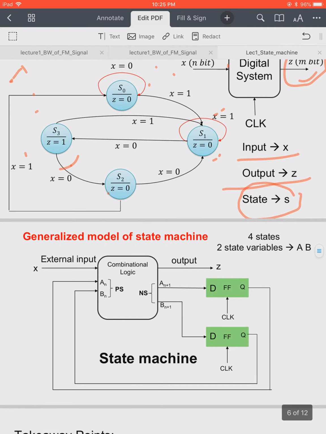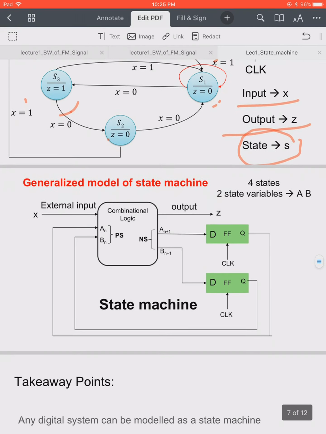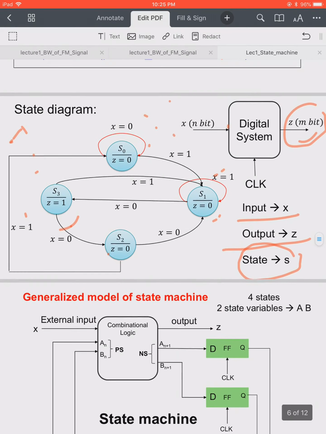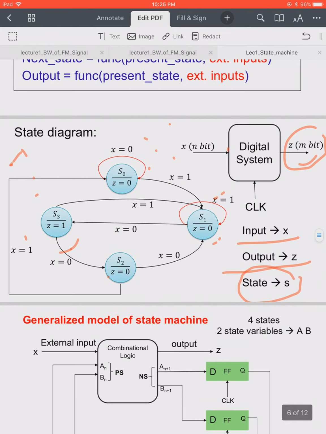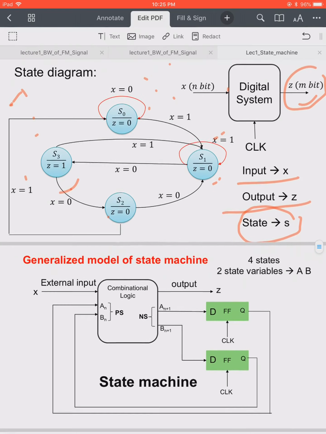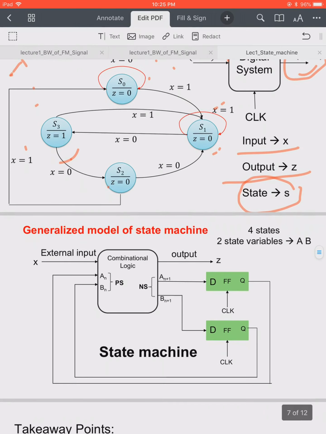As I already told you, let's look here. There are 4 states in this model. In the state diagram you can see there are 4 states. If I want to store them digitally, I need 2 state variables.